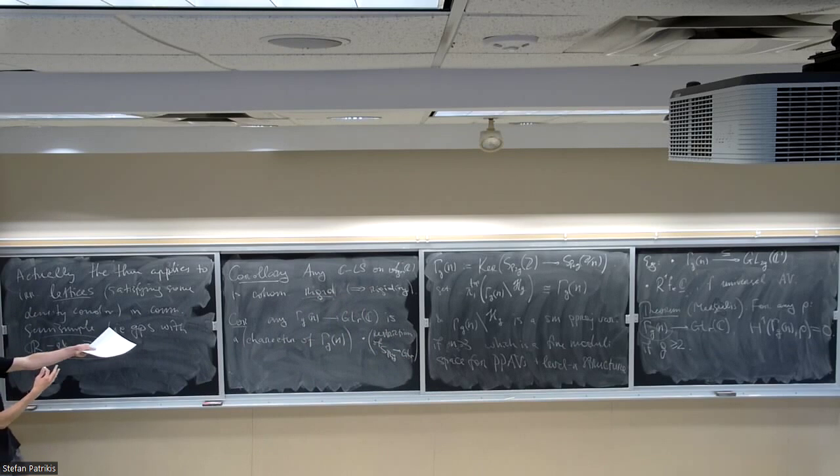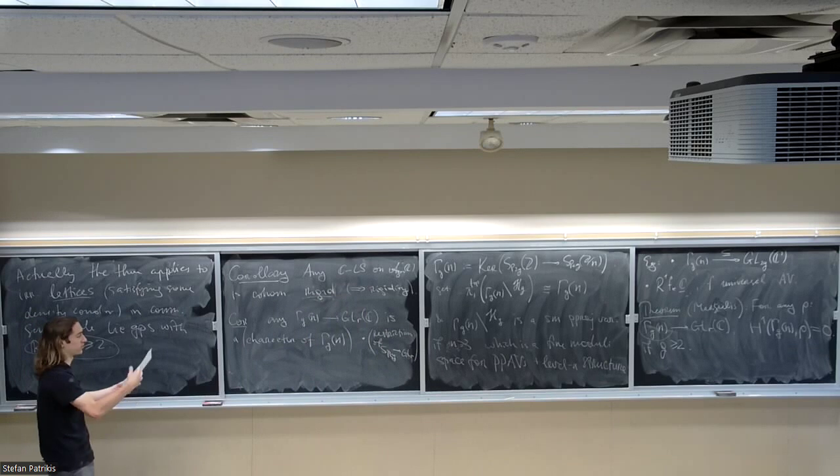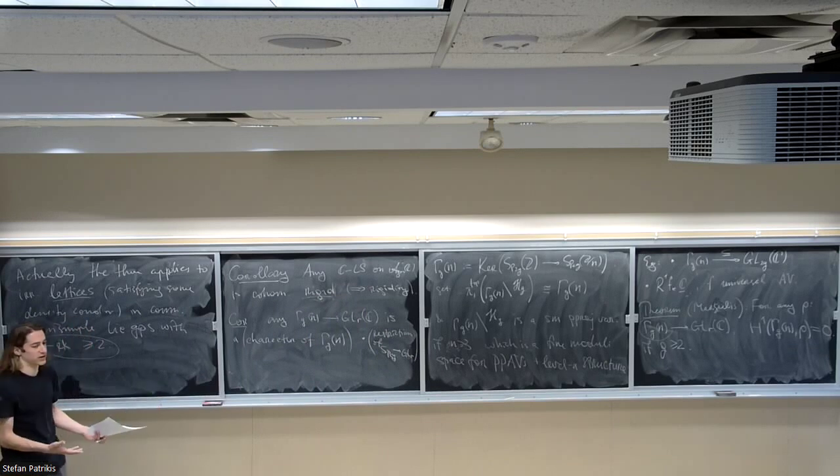So in this sense, this Margulis superrigidity result, or one of its variants, can be used to more or less completely describe the representation theory of this Gamma_g^n.